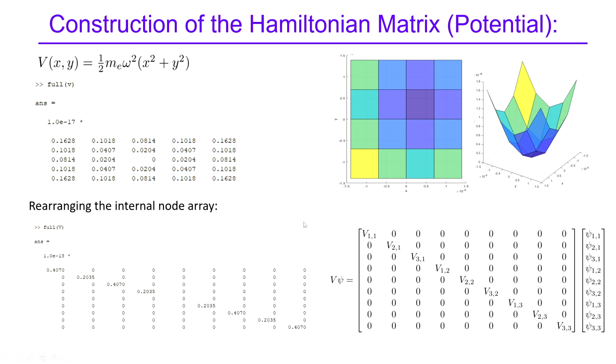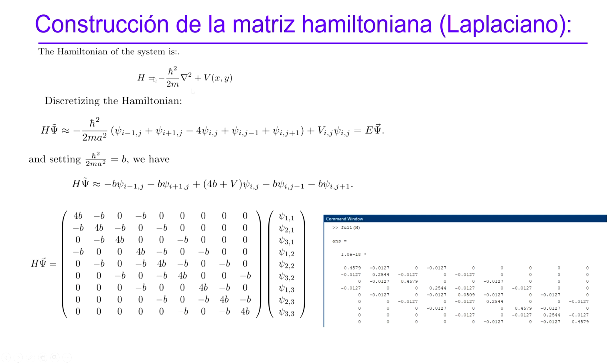And so we just want to add the potential matrix and the Nabla matrix multiplied by that scalar, and we can define the scalar by B, and yes, we have a Hamiltonian matrix, and it's of this form.